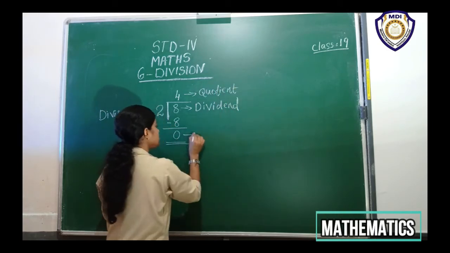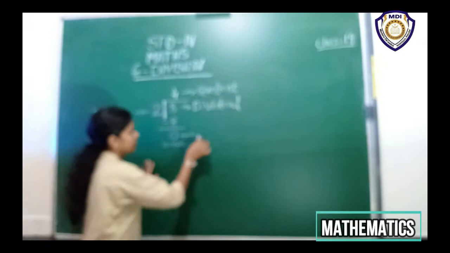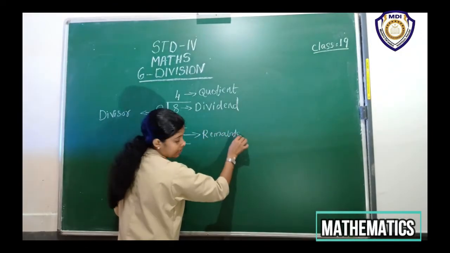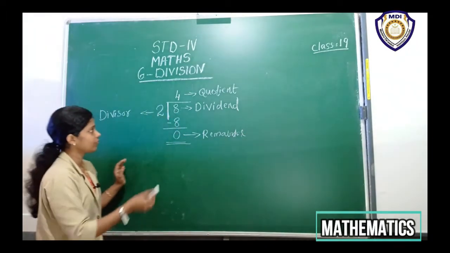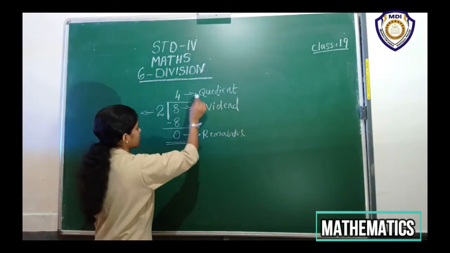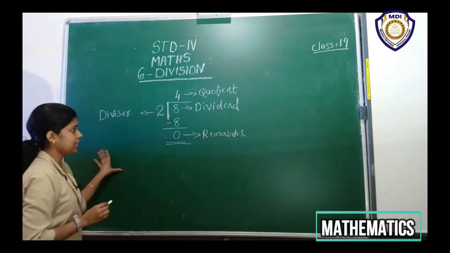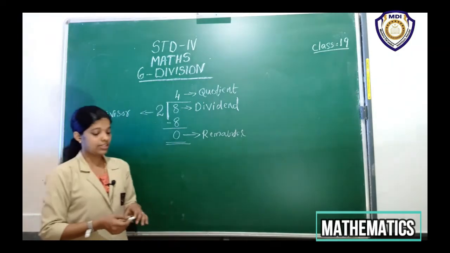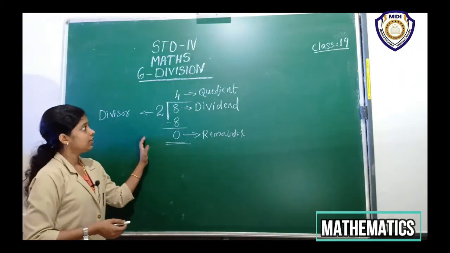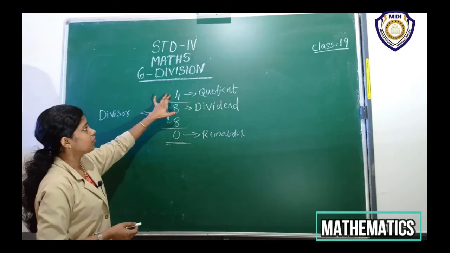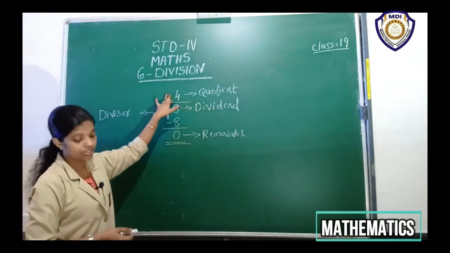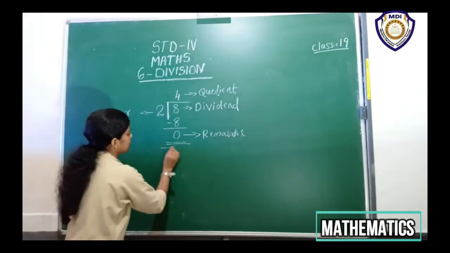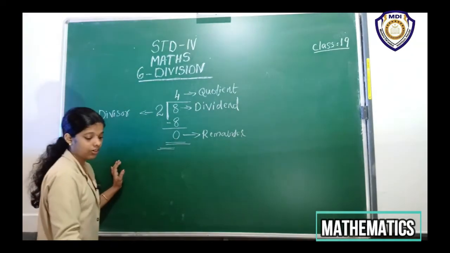Then 0 is the remainder. 8 is the dividend. 4 is the quotient. 2 is the divisor and 0 is the remainder. Okay. Dear students, 4 is the quotient. 4 is the answer. Answer is the quotient. We check your answer. This answer is correct.